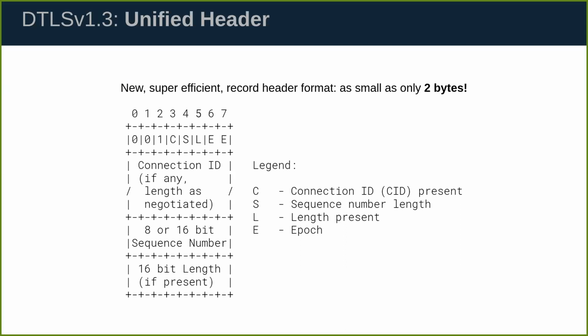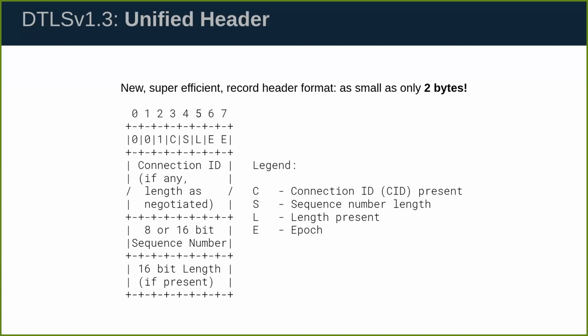So the first 3 bits are static, they're fixed. They're used to check whether or not this is a DTLS 1.3 unified header. The 4th bit presents whether or not the connection ID is present. The length of the connection ID is negotiated during the handshake, during the initial messages.